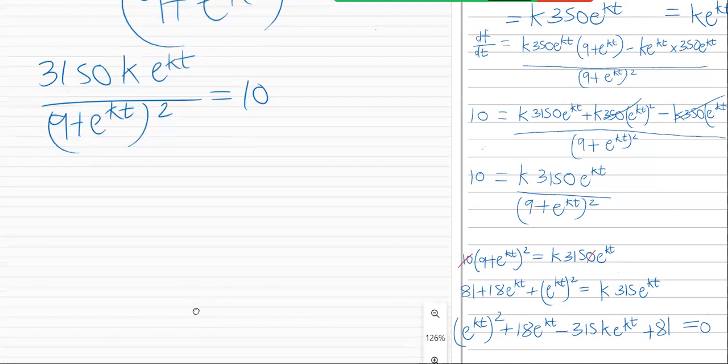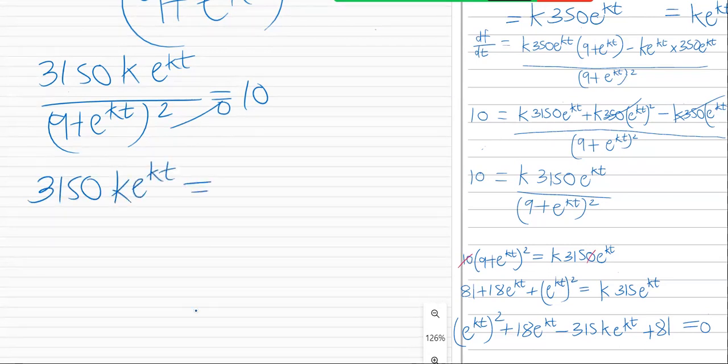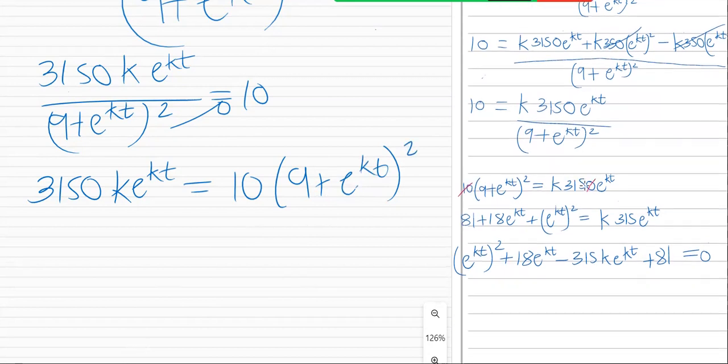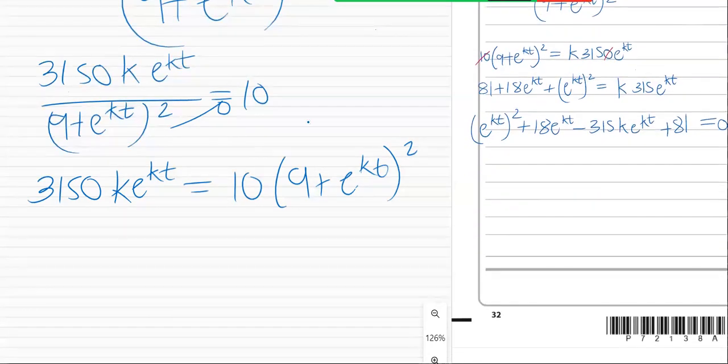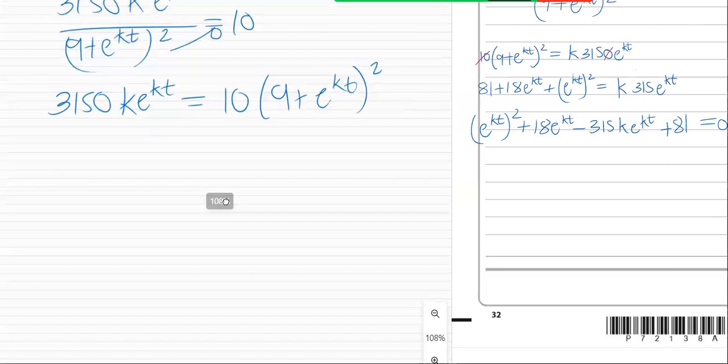Now I can times over the denominator in order to further simplify. So 3150 k e^(kt) equals 10 times 9 plus e^(kt), squared.